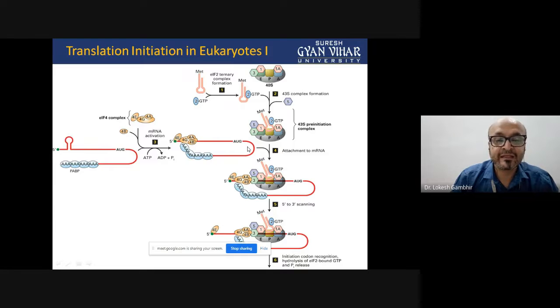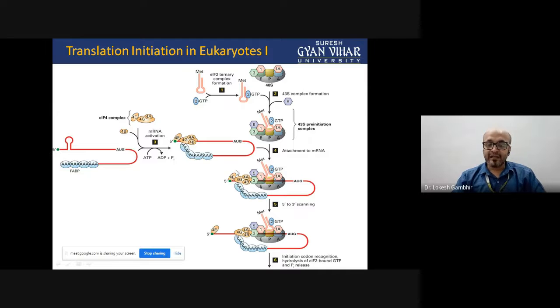So the next step is attachment to the mRNA. The ribosome complex, or the pre-initiation complex, goes and binds to this particular mRNA. Now once it has bound, it scans the mRNA, and it will reach the starting codon.